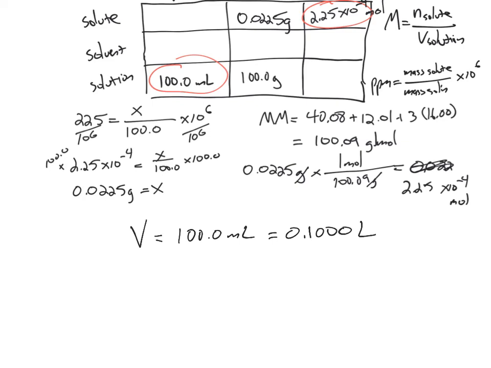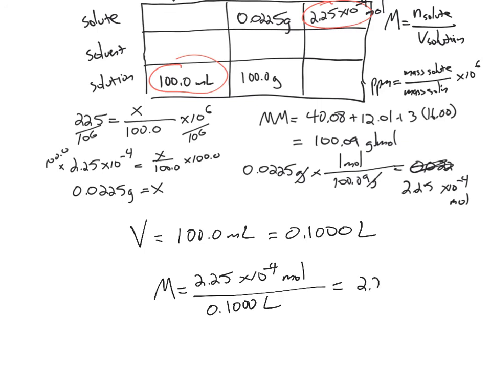So we have 0.1 liters. So then the molarity, take the moles of the solute, divide that by the volume of solution in liters, and we get 2.25 times 10 to the minus 3.